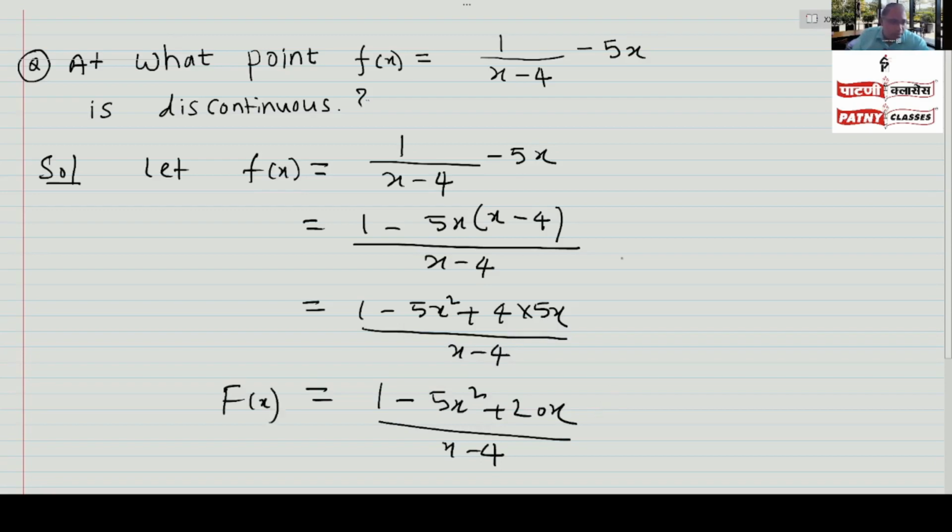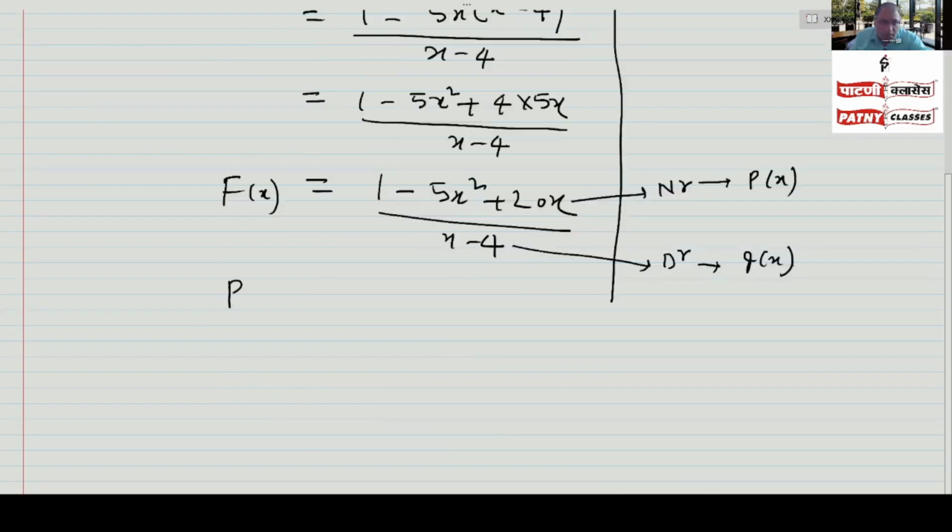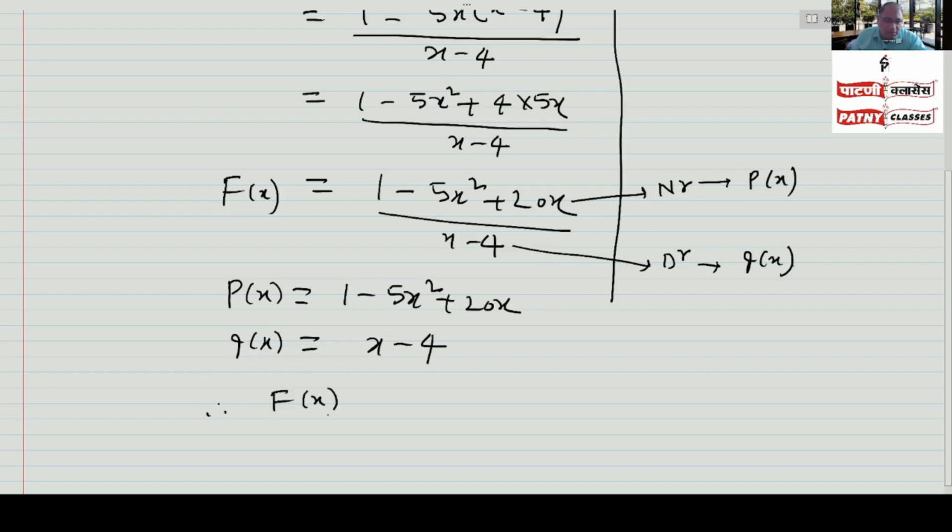Now the numerator part can be p of x and the denominator part can be q of x, that is p of x equals 1 minus 5x square plus 20x and q of x equals x minus 4. Therefore f of x equals p of x upon q of x.